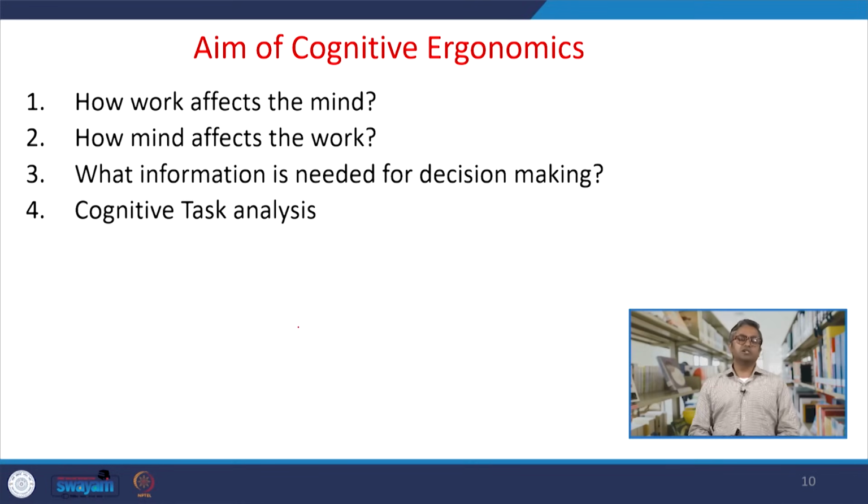Then another factor which cognitive ergonomics is aiming at is the cognitive task analysis. Now we know the analysis of the task, any task. The task like getting a glass of water from a water cooler or from a fridge, or cooking or baking a chapati. It requires certain analysis.